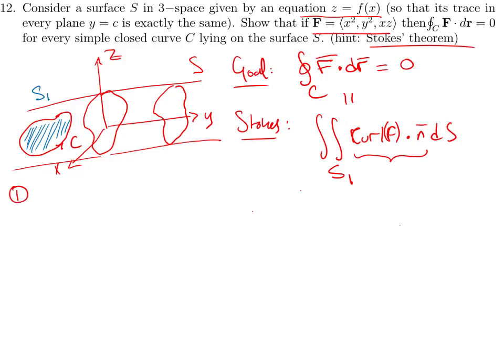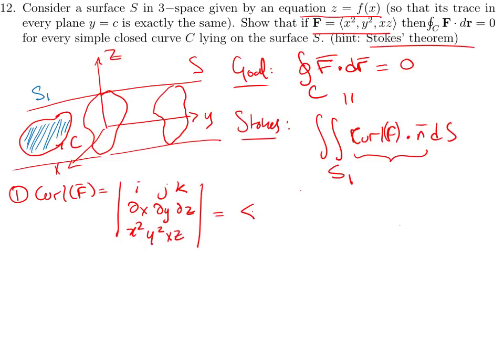So let's compute the curl. This is now just a formula, a determinant formula. The curl has three components. If you just expand the determinant, you see that the first component is 0, the second component is minus c, and the third component is also 0.